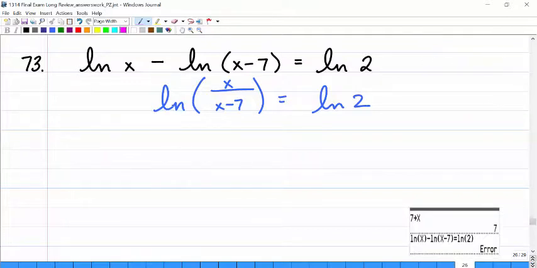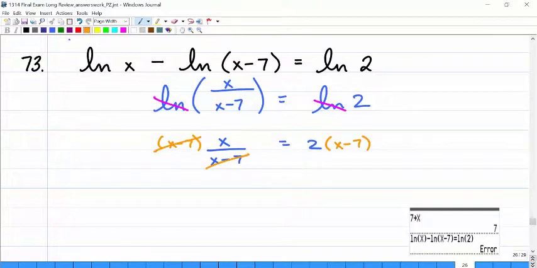So I'm going to now get rid of my natural logs on both sides. I have x over x minus 7 is equal to 2. Multiplying both sides by x minus 7, those cancel, and I'm left with x equals, and I'm going to distribute, 2x minus 14.